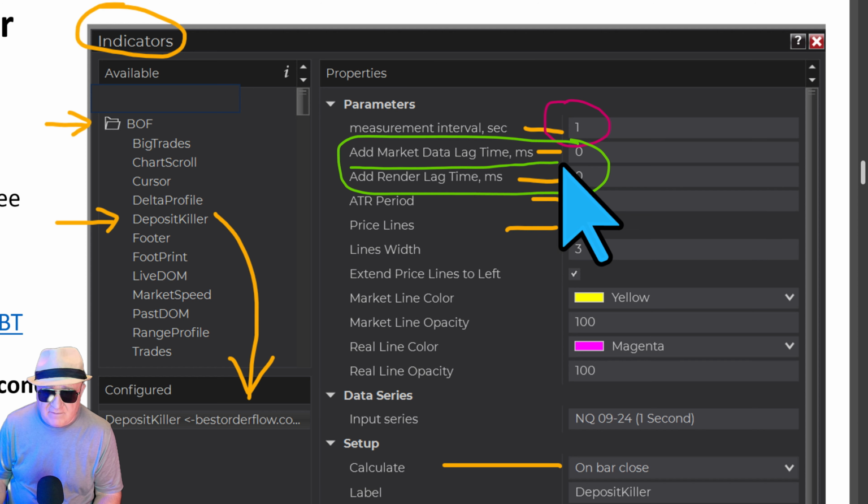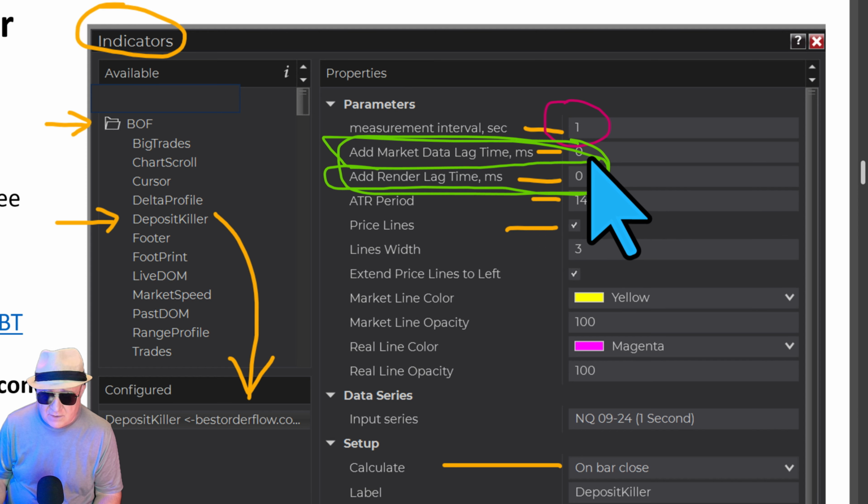This is artificial loading of the market data, and this is artificial loading or added rendering lock time. So when we run our deposit killer the first time, we want to see how it runs without any artificial pressure or additional data or additional lock time.